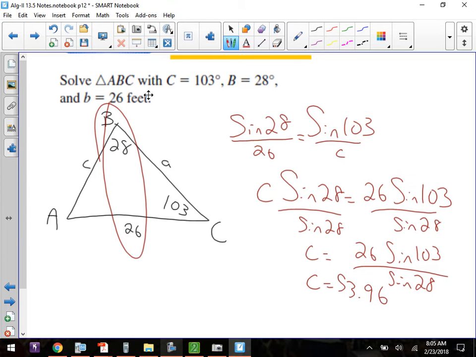What's the sine of 30? Sine of 30? Which one of these angles is the 30-degree angle?